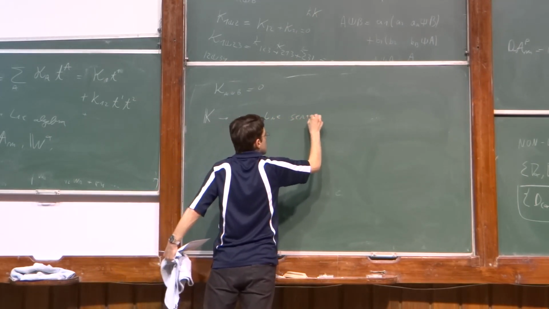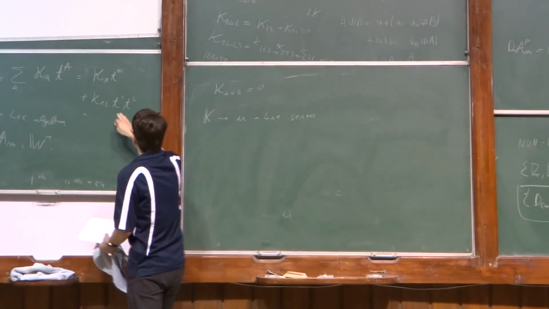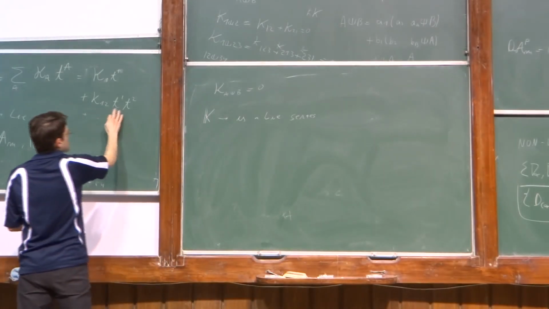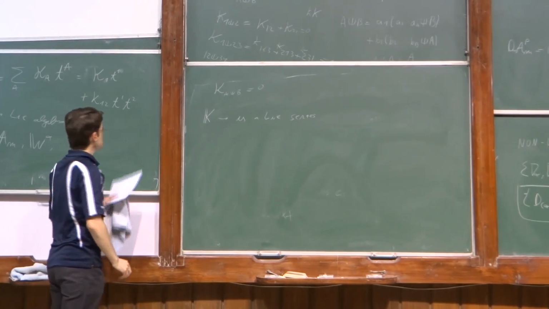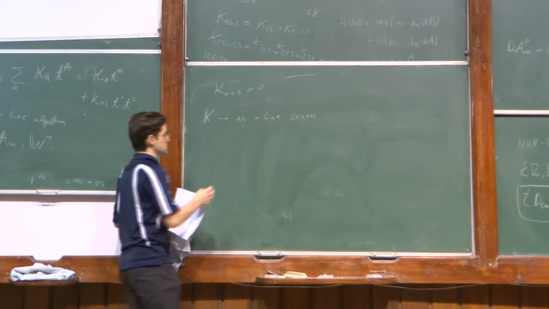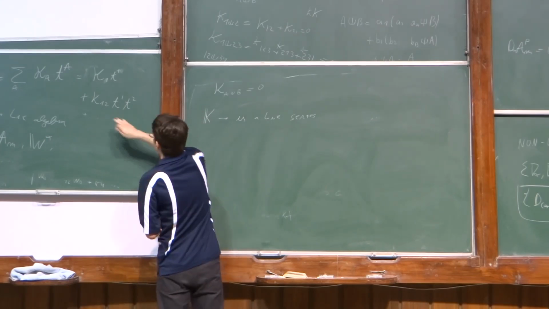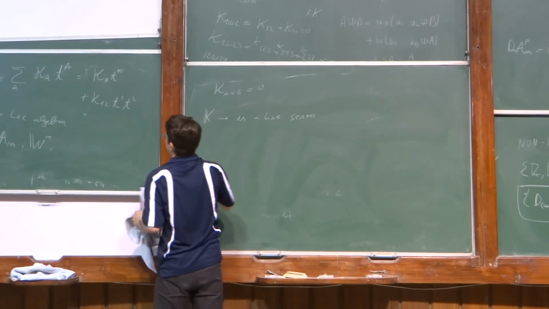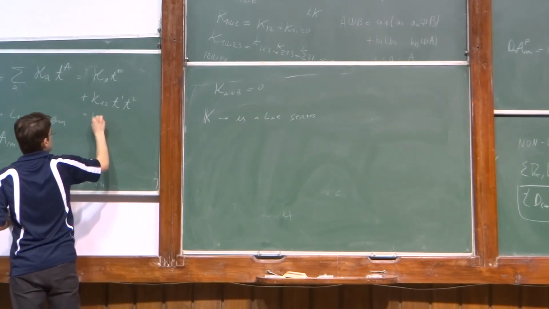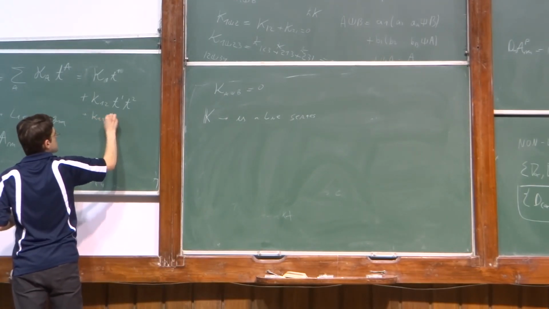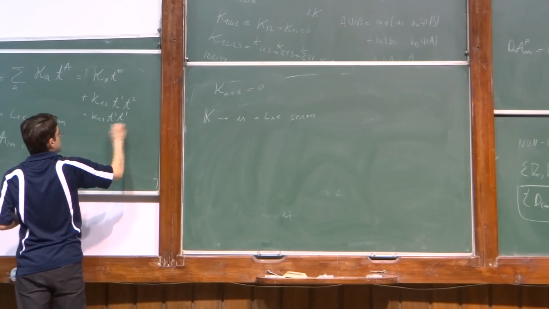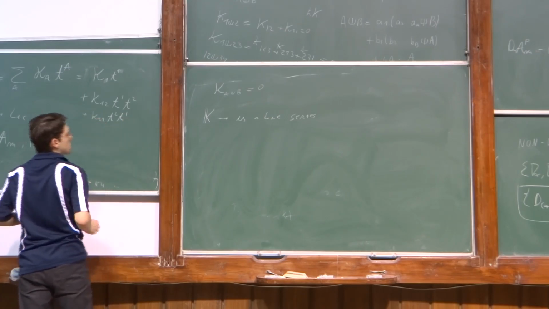What does it mean? It means that the product of the generators can be written as commutators. And for example, now I should also write that there is this guy here with 2 and 1.